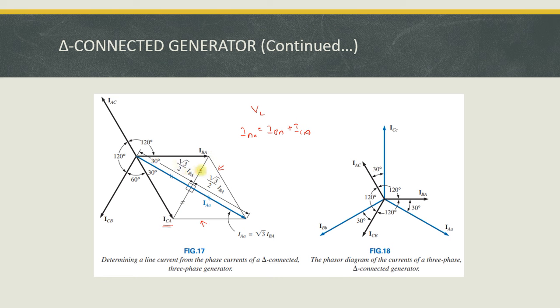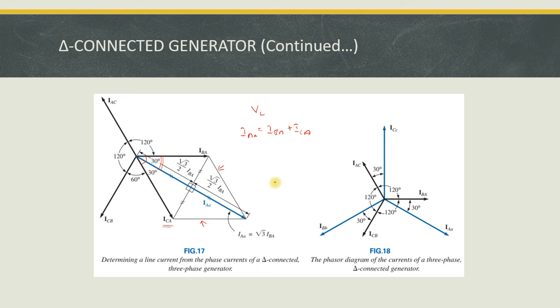Now I consider this triangle. When we extend the IAC line in the opposite direction, the angle between these two currents is 60 degrees. Similarly, the line current IAA is exactly midway between these two vectors, so the angle between them is 30 degrees.